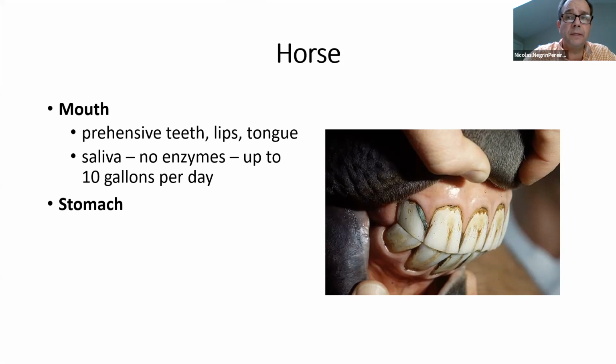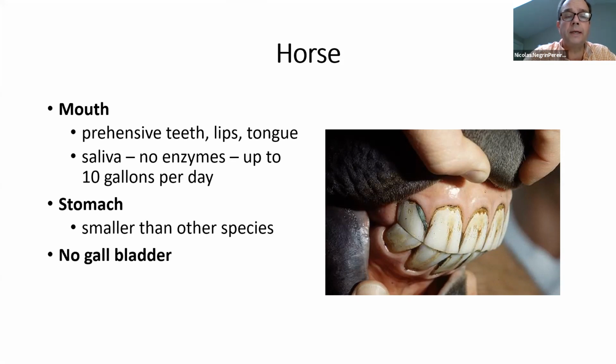stomach, which is relatively small. It's not very big, smaller than other species. And the horse is characterized by having no gallbladder. It doesn't mean that they do not produce bile. They produce bile, but the bile is secreted and excreted from the liver continuously without the existence of a gallbladder.